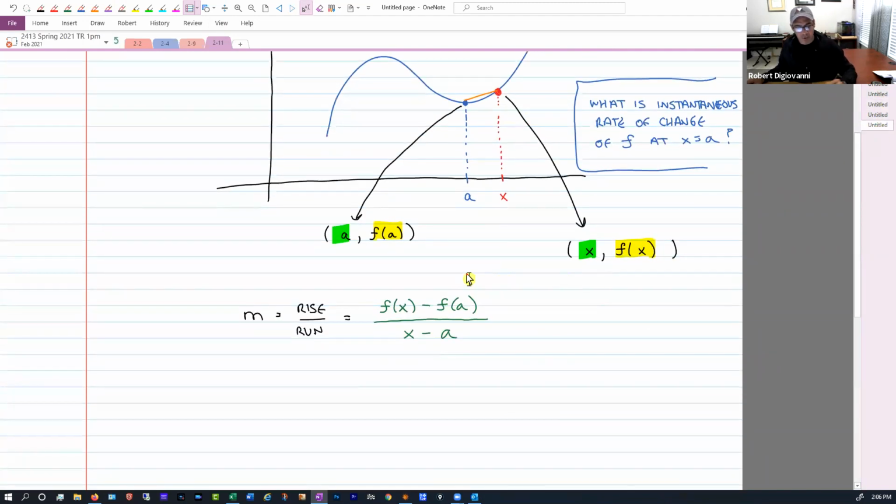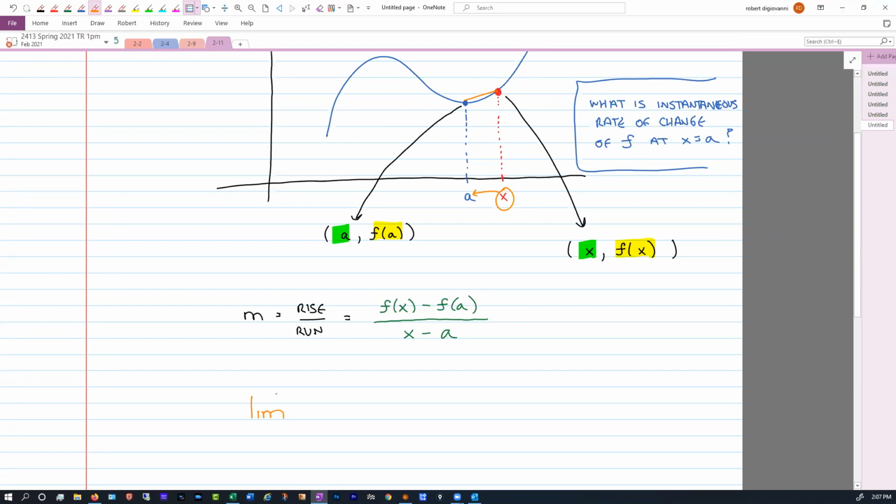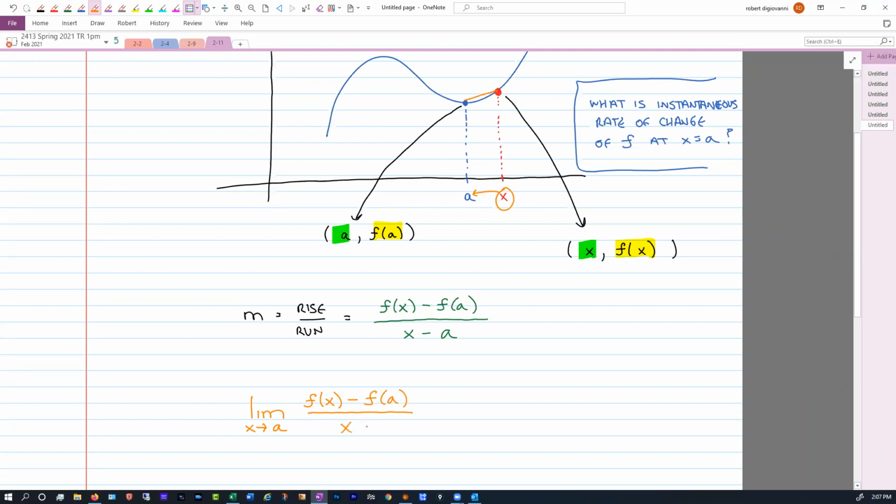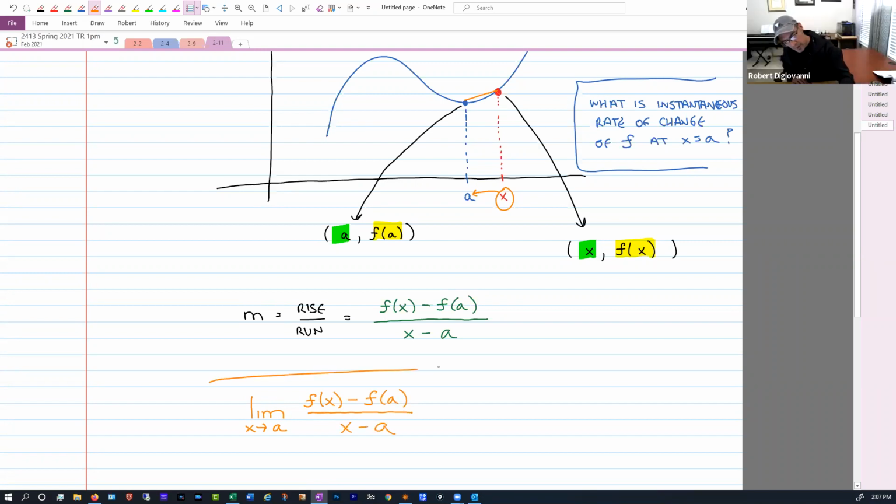So here, if we're here at X and we want to move that towards A, how could I write that, Matthew, as a limit? Limit as X approaches A of this thing here. And this, everybody, is the master formula.